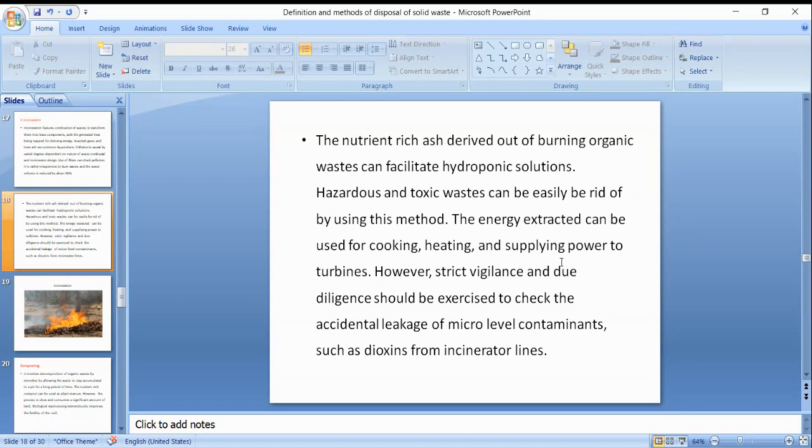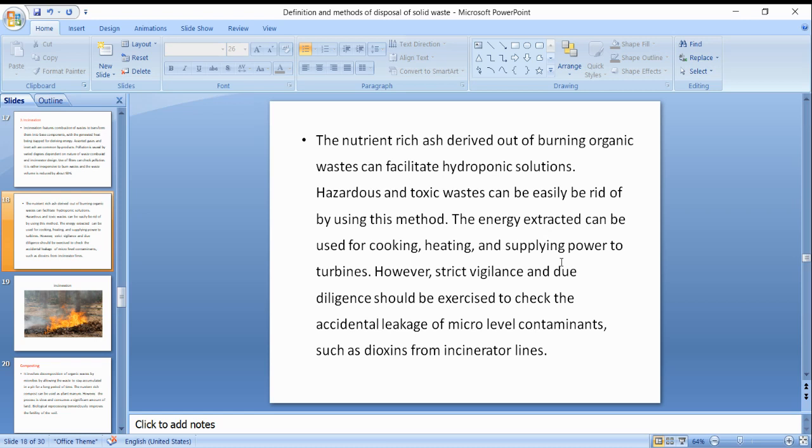The nutrient-rich ash derived out of burning organic waste can also be produced by incineration, so that it can be reused. That ash can facilitate hydroponic solutions. Hazardous and toxic waste can easily be rid of by using this method.